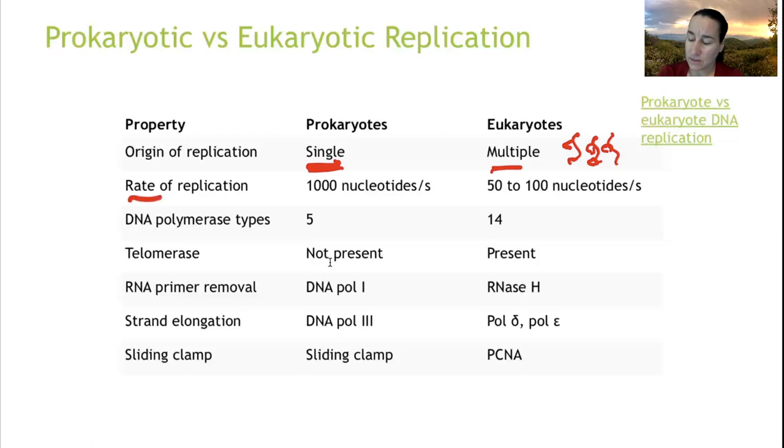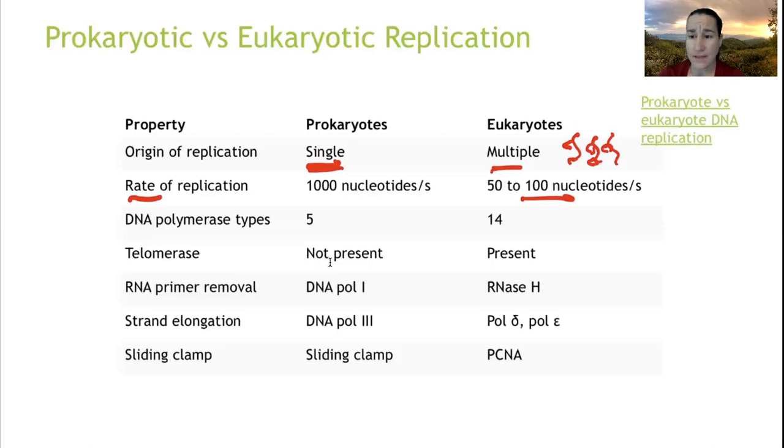Speed, this is another thing that I want y'all to know the difference of. We are only about 100 nucleotides per second when we're trying to copy our DNA under the S phase of interphase. Prokaryotes, on the other side, can copy themselves really quickly. Like they can copy their entire cell in like 40 minutes, I think is how fast an E. coli can create another E. coli.